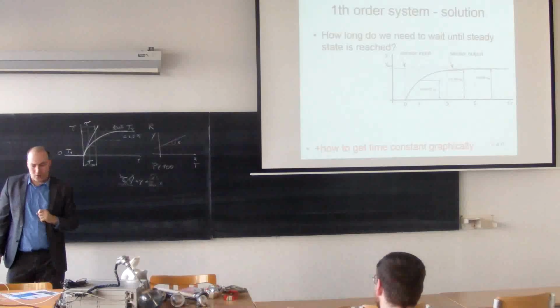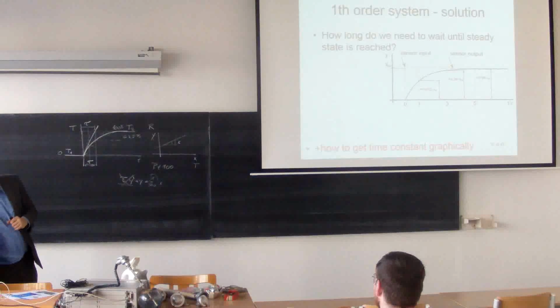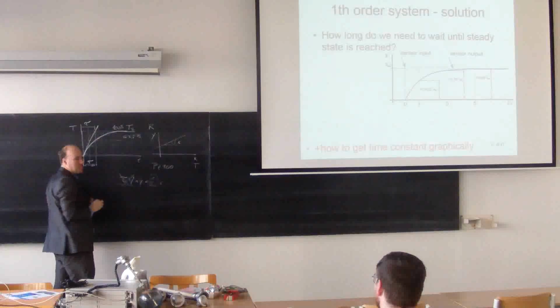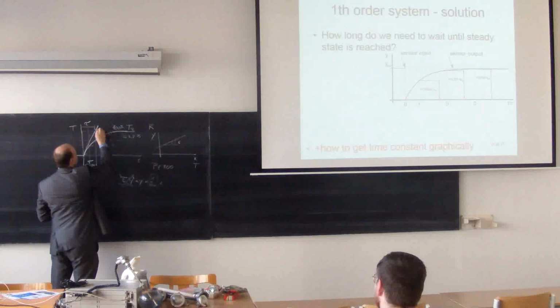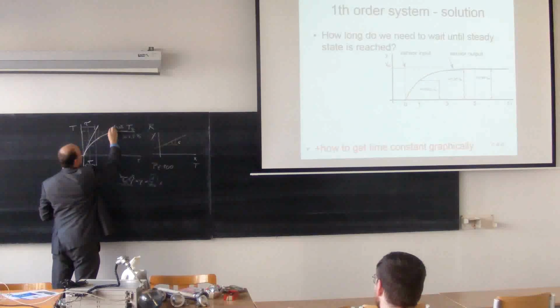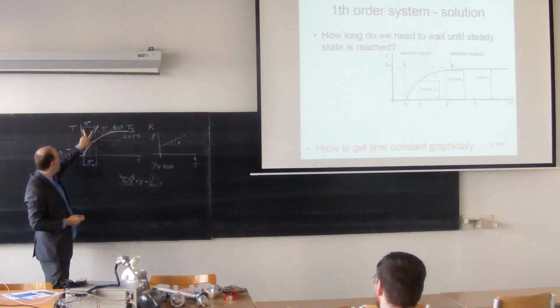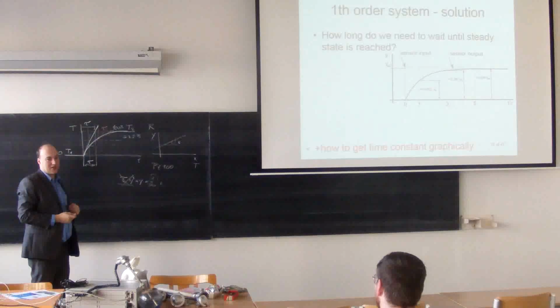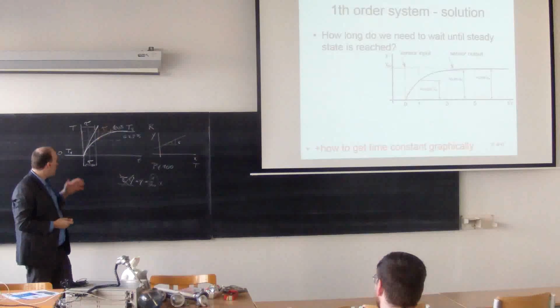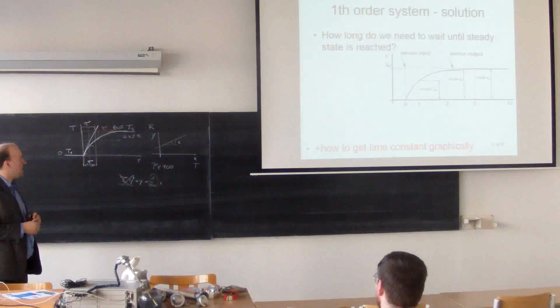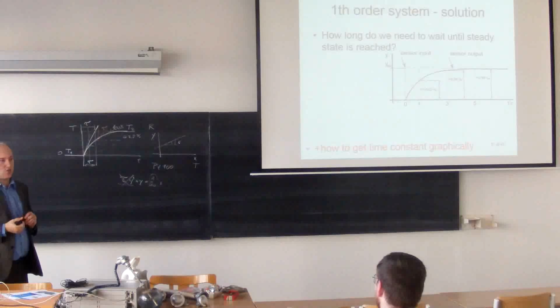This works for all points. So let's say I make a tangent here and choose this point as the initial point. I make a tangent, and here I should have the same value, the same time constant. So it's quite easy to do this graphical analysis if you have the data, so it's not that difficult to measure the time constant for temperature sensors.